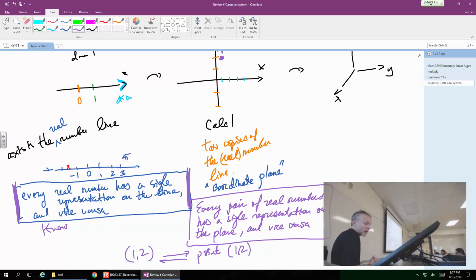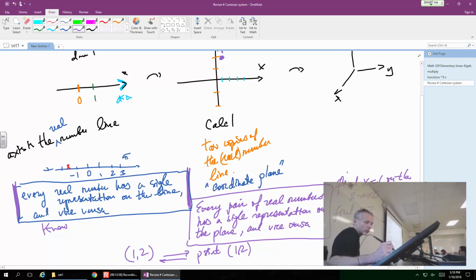So a pair of numbers, we split it, right? And then we carry out this operation separately for x and y. So find x equal 1 on the x-axis, as well as find y equal 2 on the y-axis.